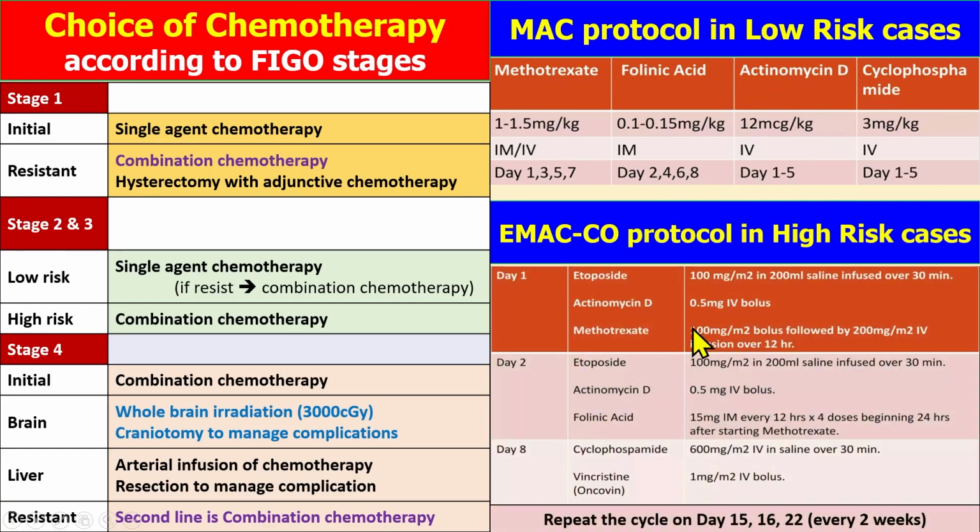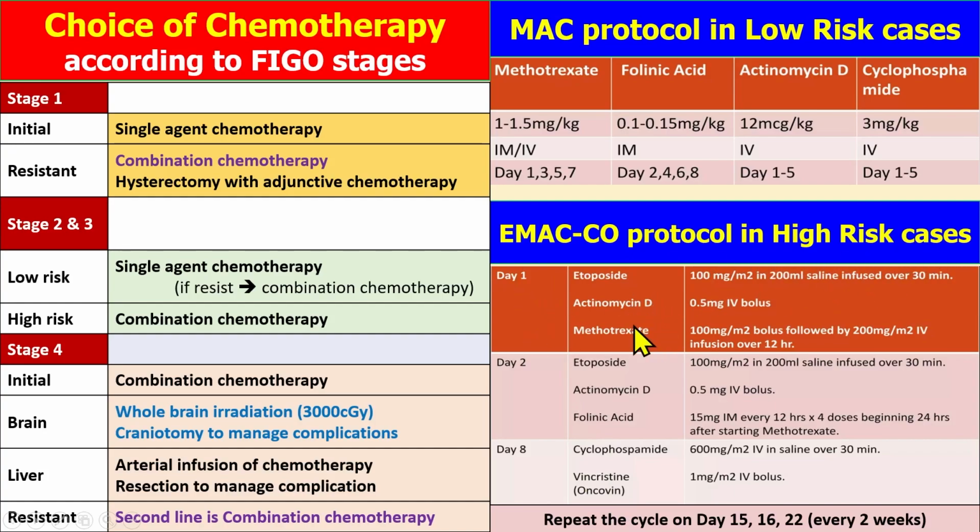Okay, and in this condition, EMACO, which is etoposide, actinomycin, methotrexate, and these two, cyclophosphamide and vincristine. So these are actually the EMACO, which we follow in the high risk condition.